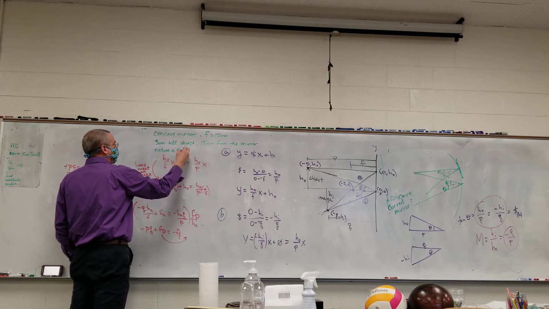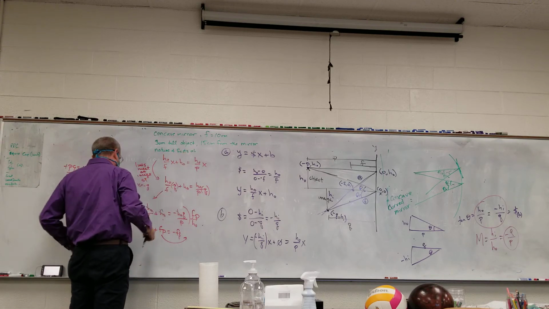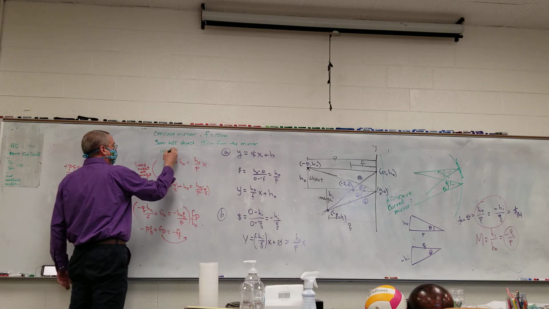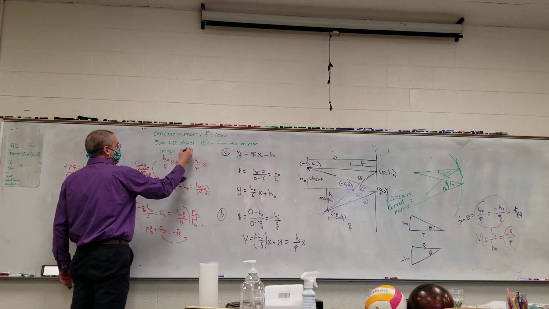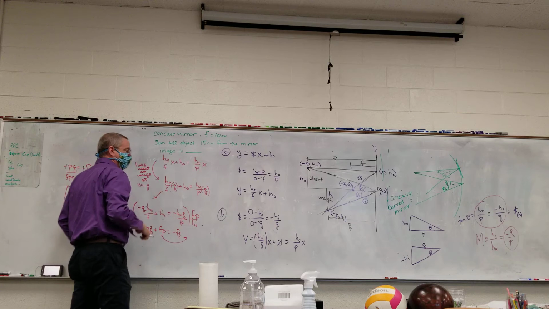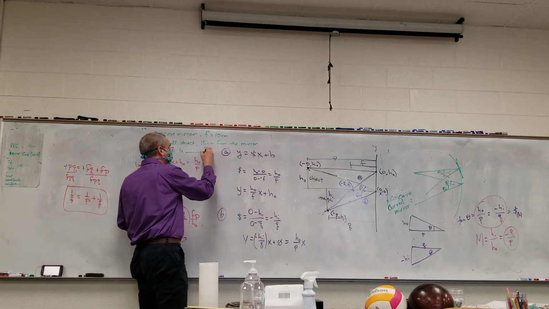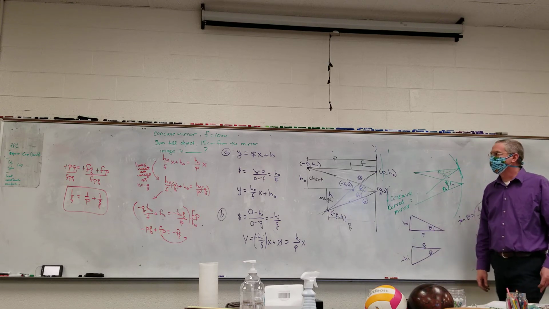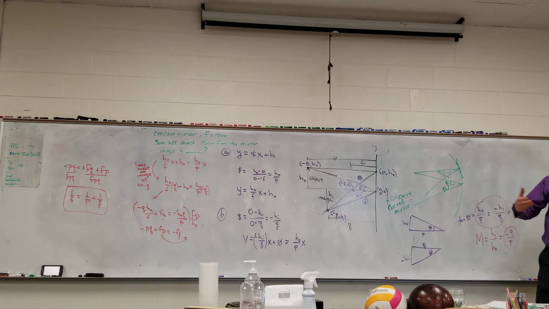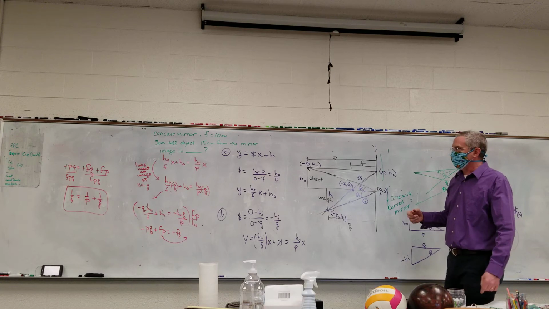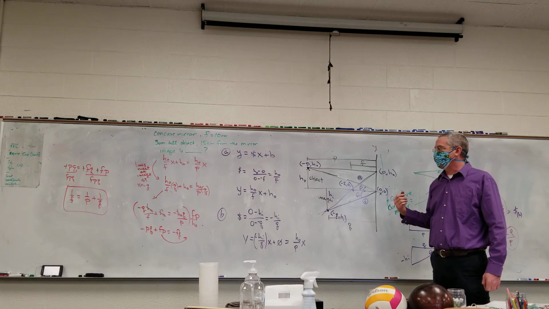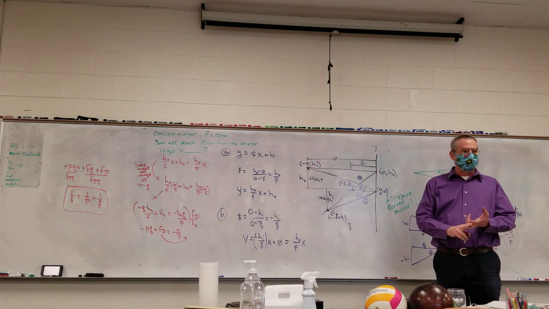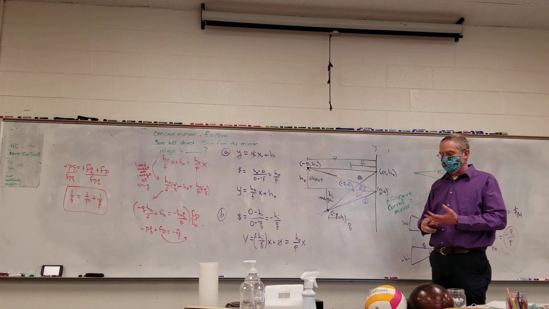What is the nature of the image? We should be able to know what the final height is of the image. We should know where the image is, whether it's inverted or upright, and the size of the image.